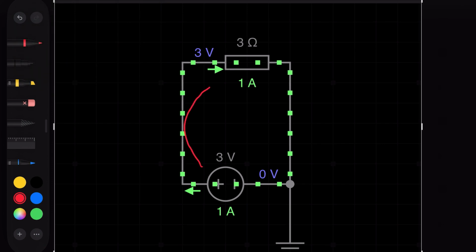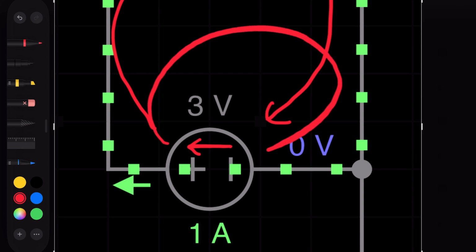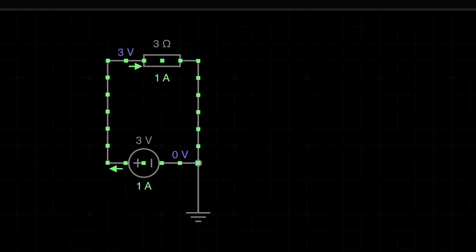Not internally. If you zoom in, internally the current flows from minus to plus. Externally, the current flows from the plus side of the battery to the minus side.